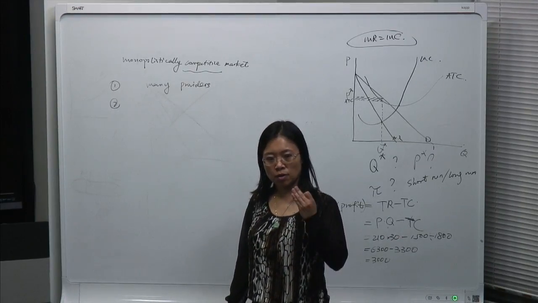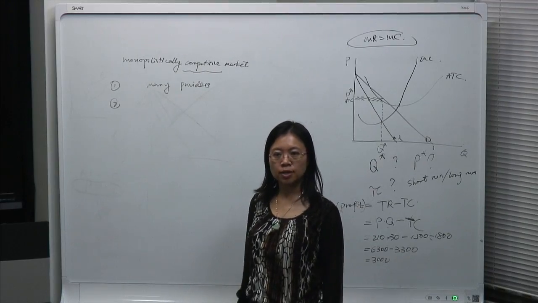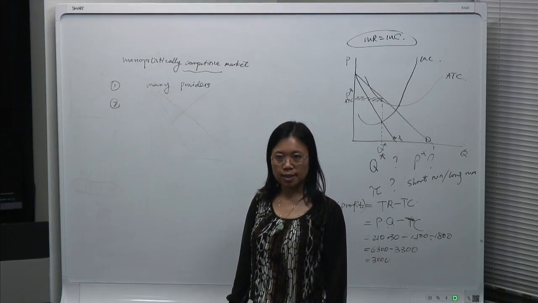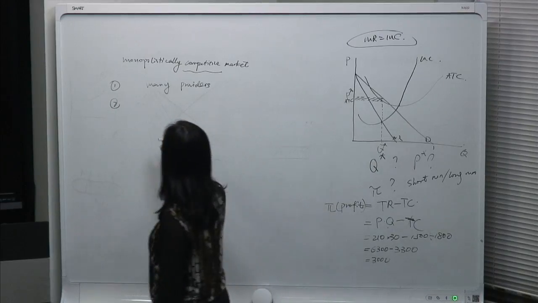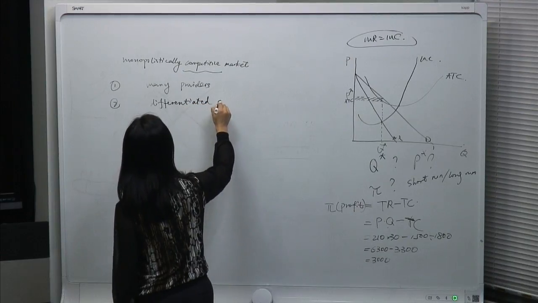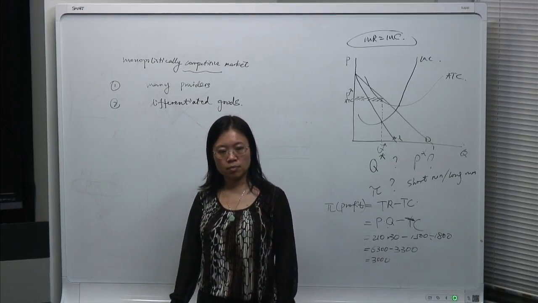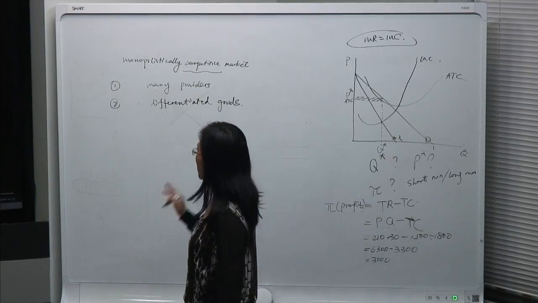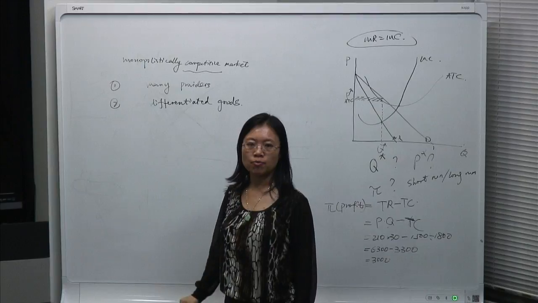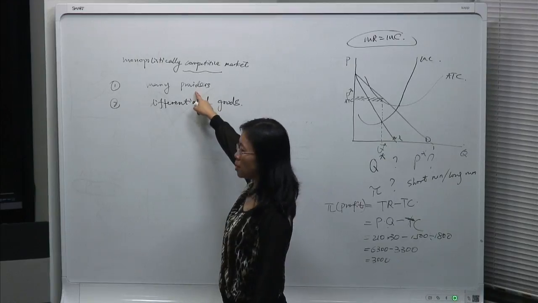The second characteristic talks about the goods. Unlike the perfect competitive market, in this market the goods are not identical, they are differentiated. Actually, the market power the firm has in this market comes from differentiation, not from market share, because there are many providers.